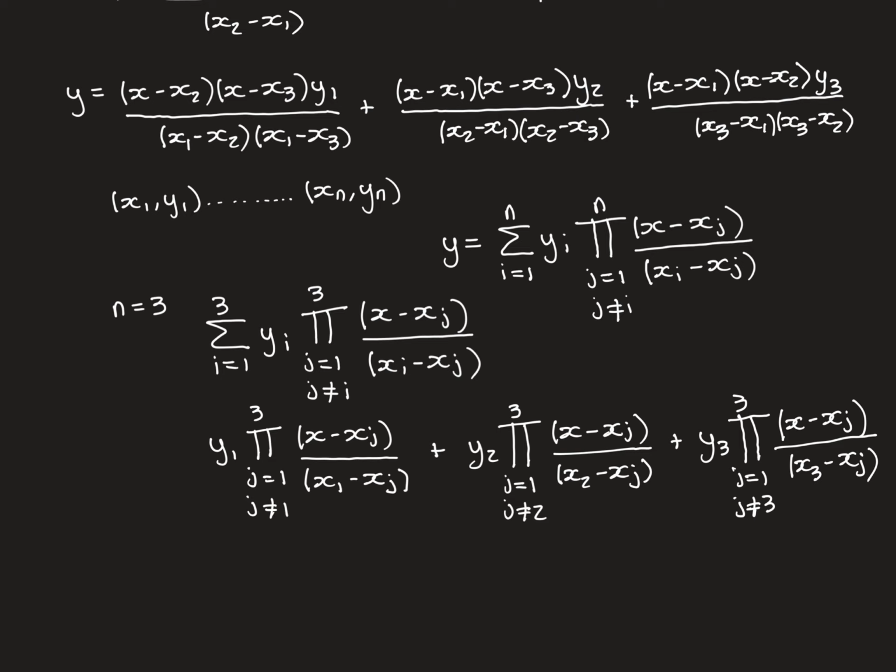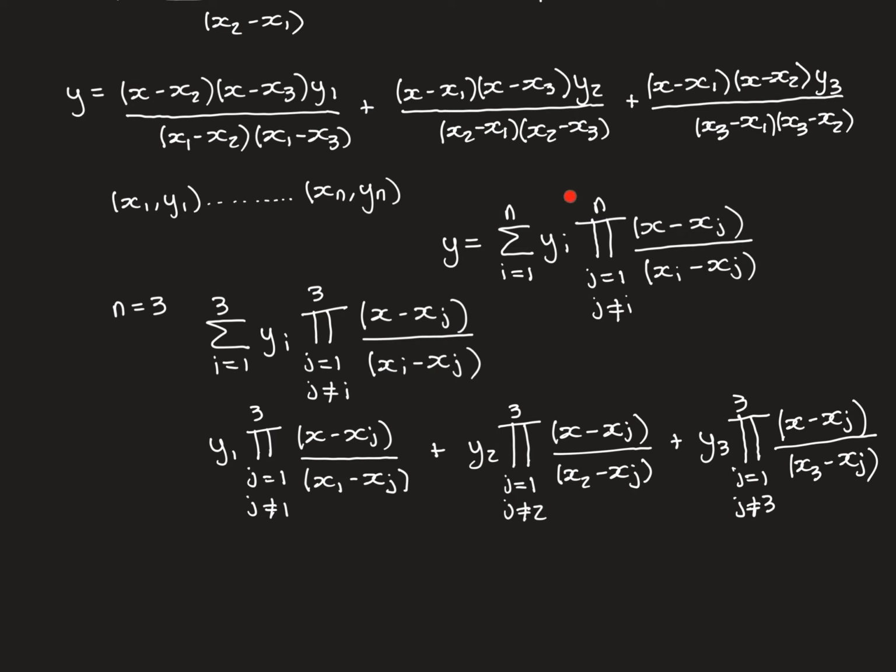So I hope what you can appreciate then is that this thing here is just the polynomial in x that is equal to 1 when you put in xi, the right x value that you want to be paired with your y value, and it's equal to 0 when you put in all the other x values.